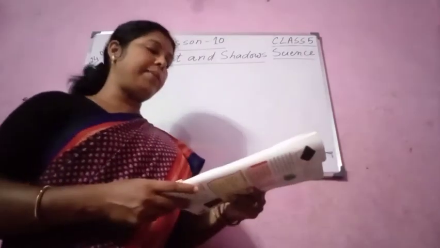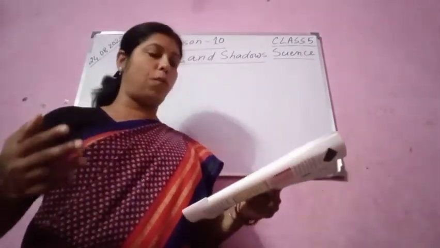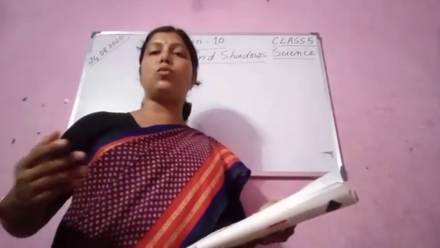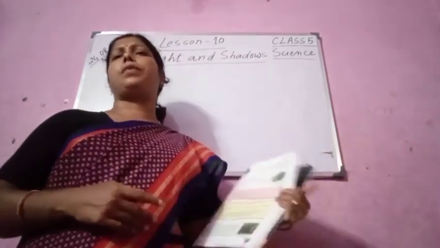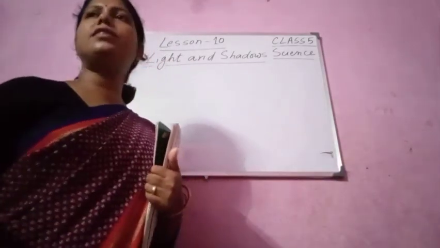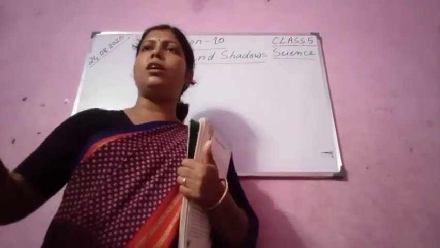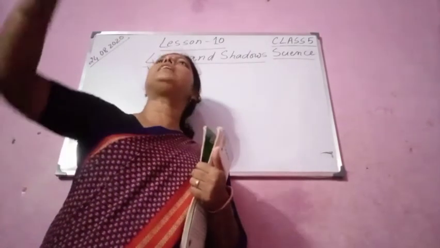Objects can be classified as transparent, translucent and opaque based on the ability of light to pass through them. Now you see, if a chair is there, can you see through the chair? You cannot see through that chair. But if a window pane is made of glass, you can see the outside view.